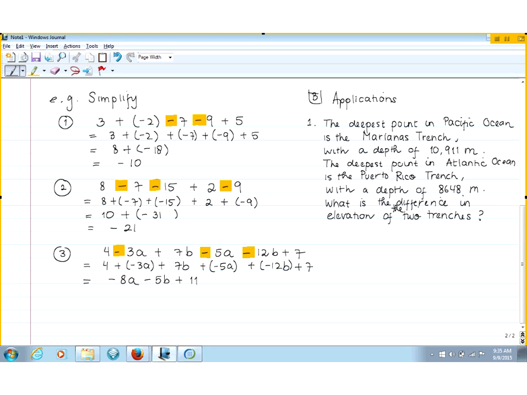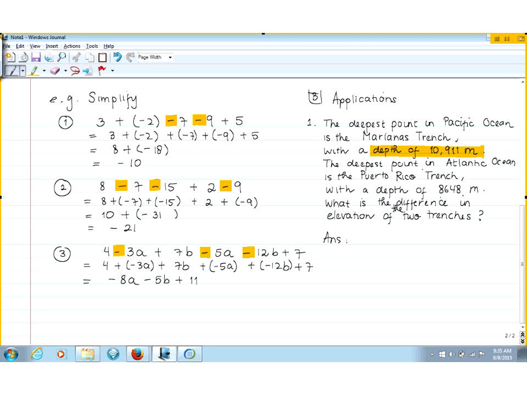All right. So how do you answer this? Yes, you are right. Subtract. So let's represent this depth right here.